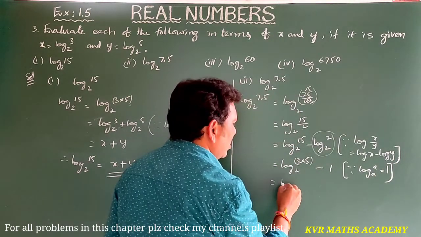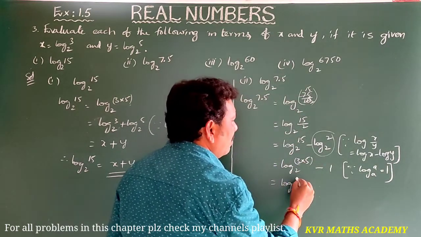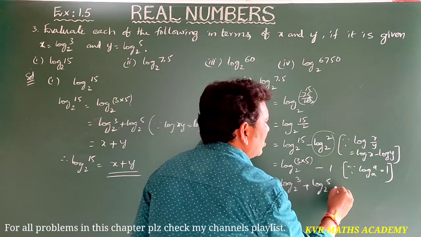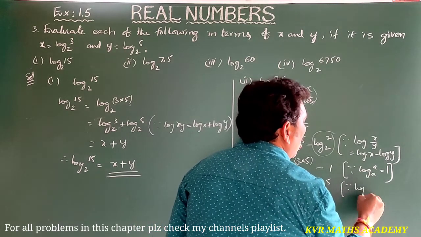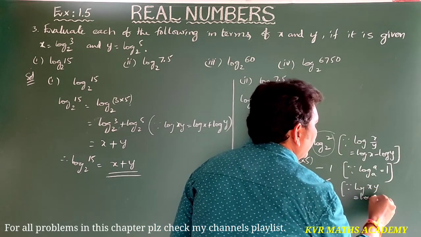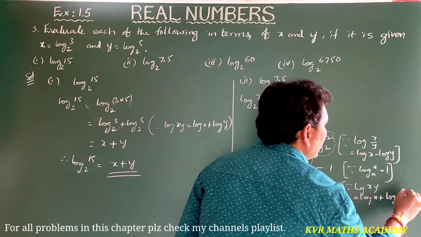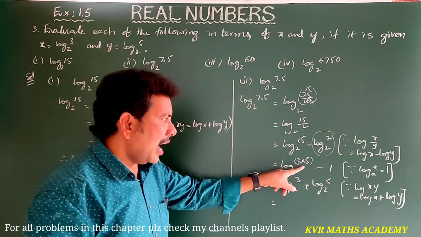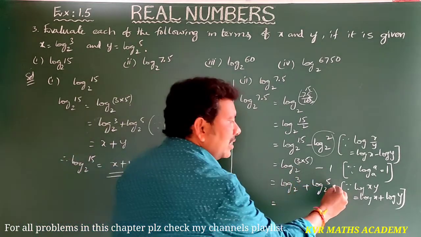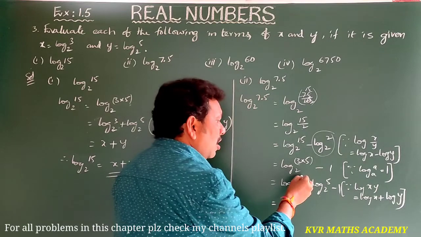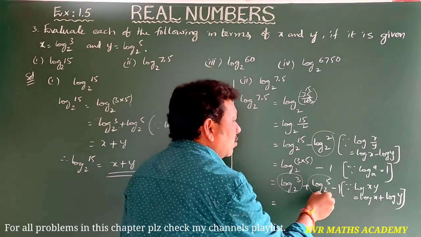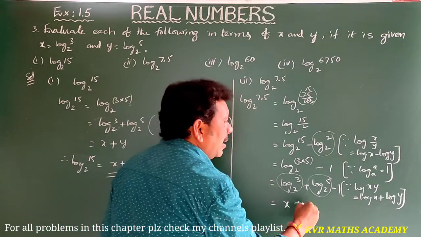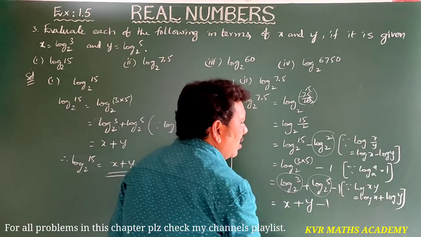Log 3 into 5 means log 3 to the base 2 plus log 5 to the base 2, since log xy is equal to log x plus log y. I have written this, and minus 1 is kept here. Now from the question itself, log 3 to the base 2 is equal to x, and this is y, minus 1.